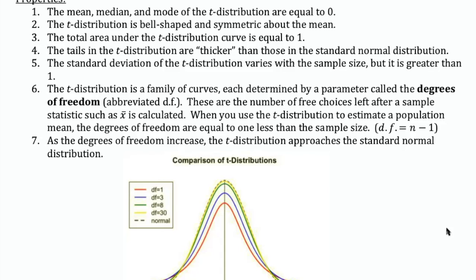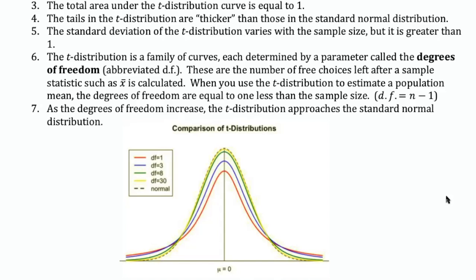The standard deviation of the t-distribution varies with the sample size, but it is always greater than 1. And because it varies with the sample size, we have this new characteristic that we call degrees of freedom. The t-distribution is really a family of curves, and the sample size is controlling what the curve will look like.